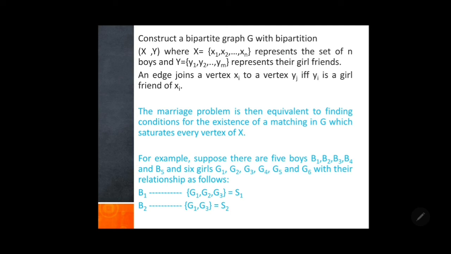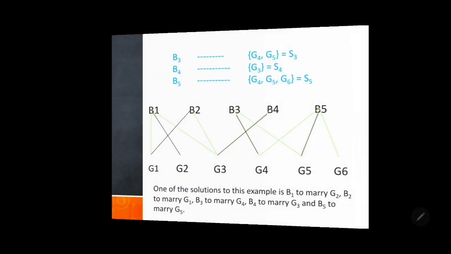For example, suppose there are 5 boys B1, B2, B3, B4 and B5 and 6 girls G1, G2, G3, G4, G5 and G6 with relationships as follows. B1 has G1, G2, G3 as girlfriends. So let us check out the graph.